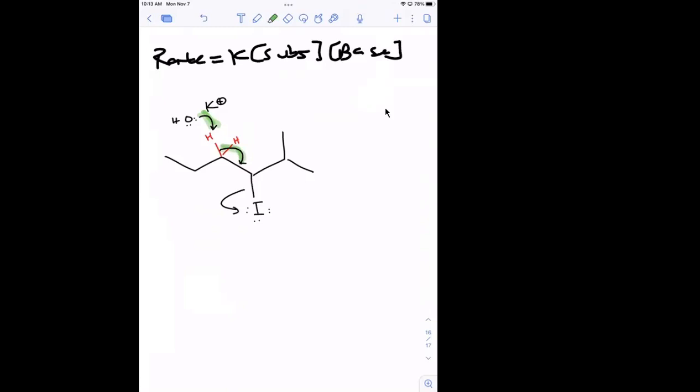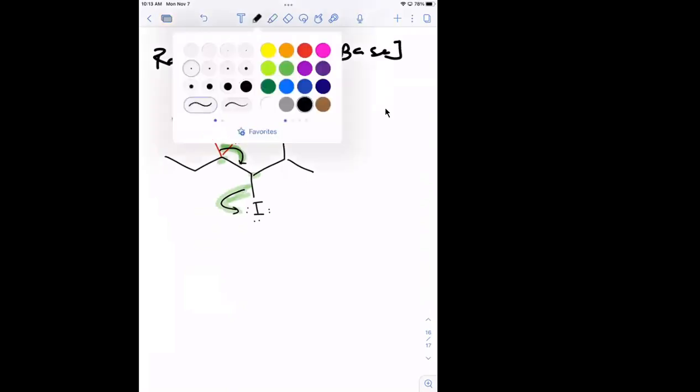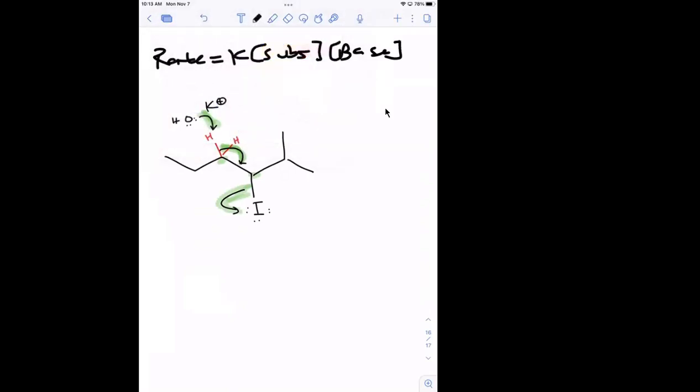If I draw an arrow from that C-H bond and put it there between these two carbons, what does that mean? Pi bond. We're doing an elimination, that's my pi bond. What about this? What does that mean? So the C-I bond is breaking, and the electrons are leaving with the iodide.